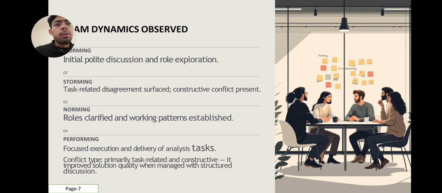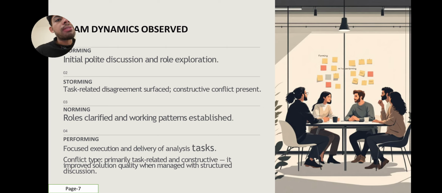And if I talk about the team dynamics, during the project, I experienced the typical stages of teamwork. At first, we were polite and exploring roles, then disagreements emerged, but these were constructive, I would say, and helped improve our ideas. Later, roles became clearer and collaboration improved.